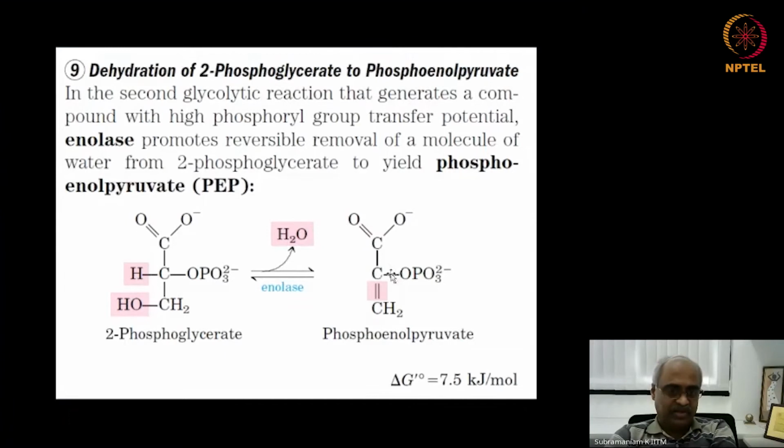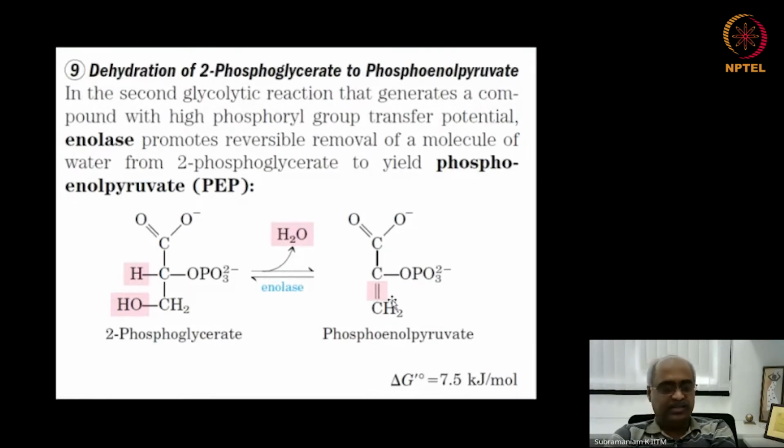Because hydrolysis of this ester bond leads to an alcohol group, so this will be an alcohol and this will be enol. Therefore, this double bond and the OH together we call enol, and it can undergo tautomerization, keto-enol tautomerization.